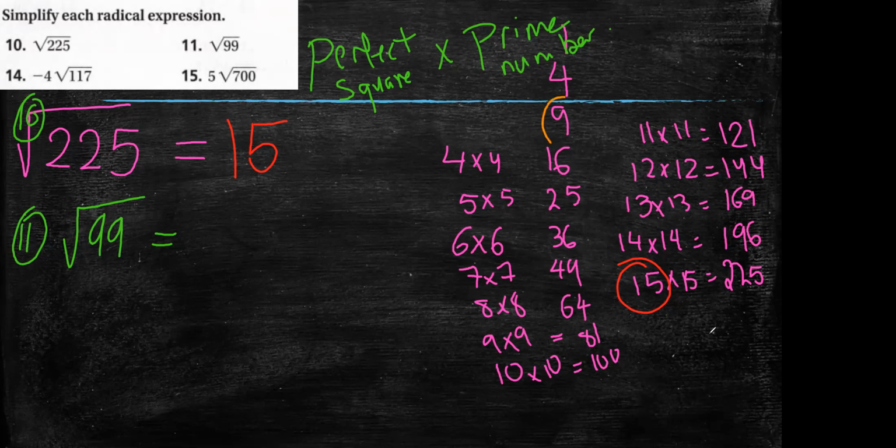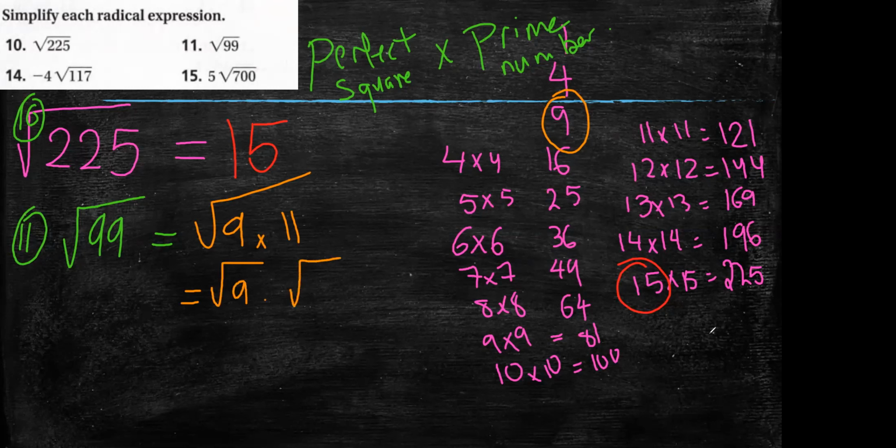Thank you. Look at number 9 here. If you multiply 9 times 11, you get 99. Let's continue now. Let's distribute it. Then the square root of 9 is 3, and the square root of 11, there's no square root.